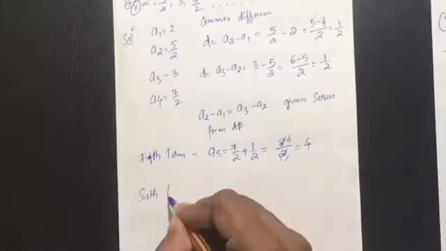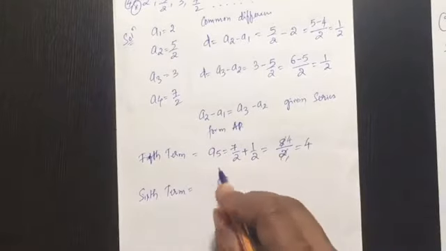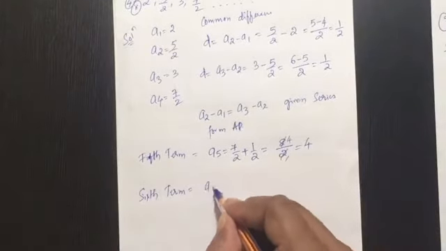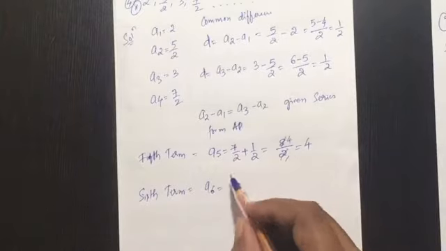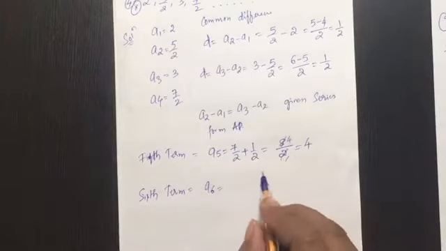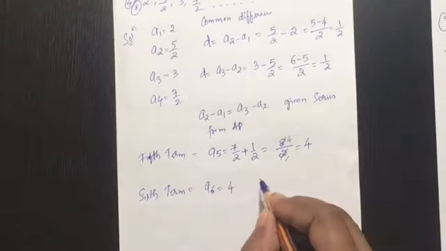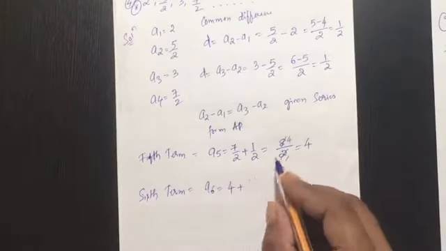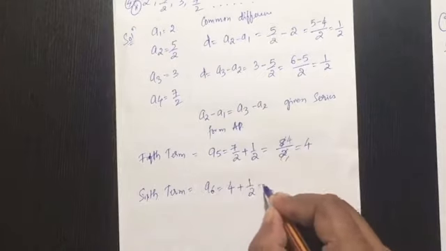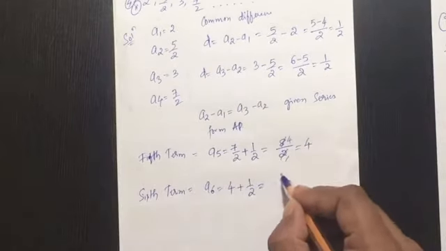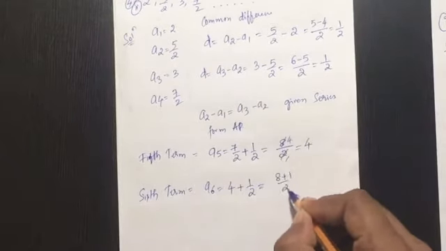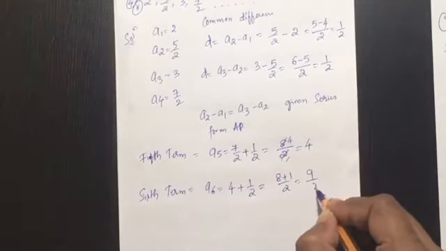Similarly, the sixth term, A6 is equal to, already we got the value of the fifth term, plus the common difference 1 by 2. So here 8 plus 1 by 2 is 9 by 2.